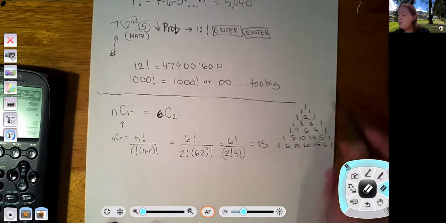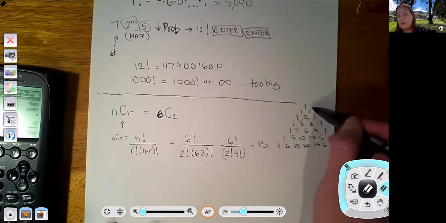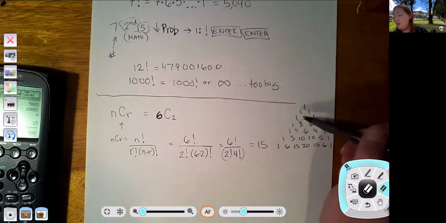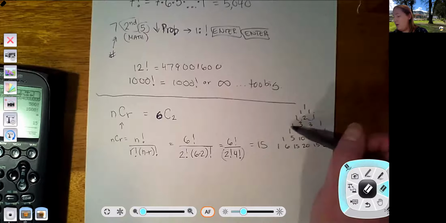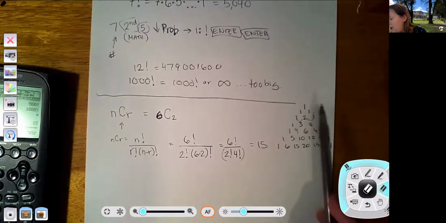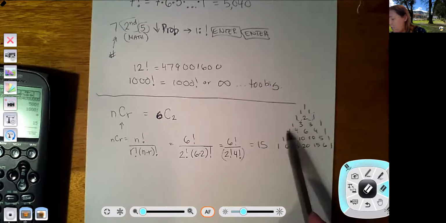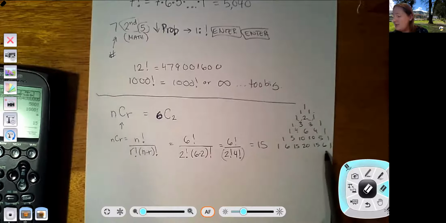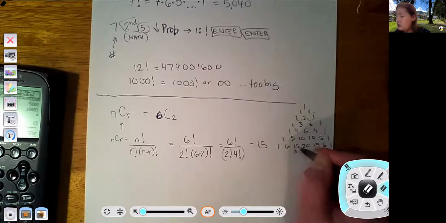And this is for a power of 0, power of 1, power of 2, power of 3, power of 4, power of 5, power of 6.